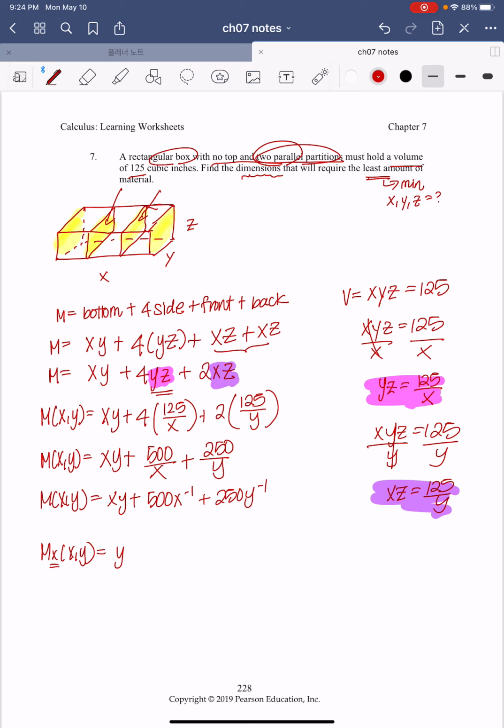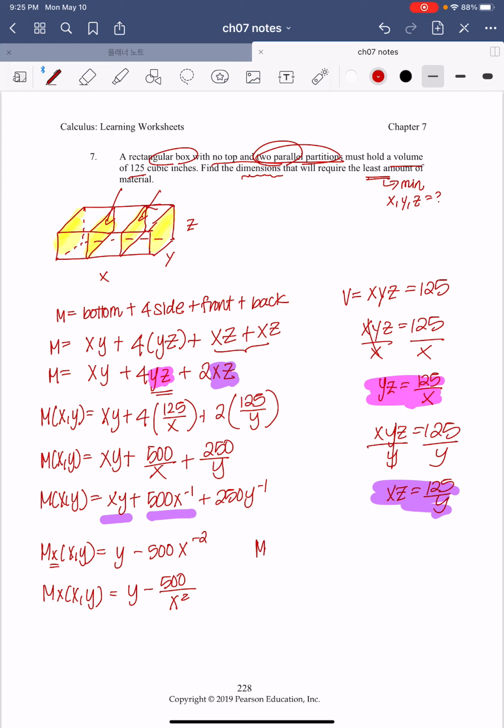I'm taking it with respect to X, so this term and this term. So I have minus 500 X to the negative 2. In other words, we have Y minus 500 over X squared.